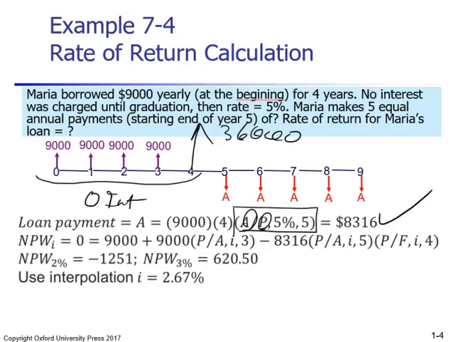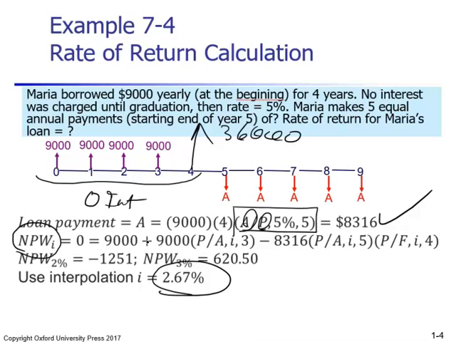And after that, for calculating the internal rate of return, it puts all the cash flow and uses the net present worth approach. And after that, doing that interpolation to come up with this answer.